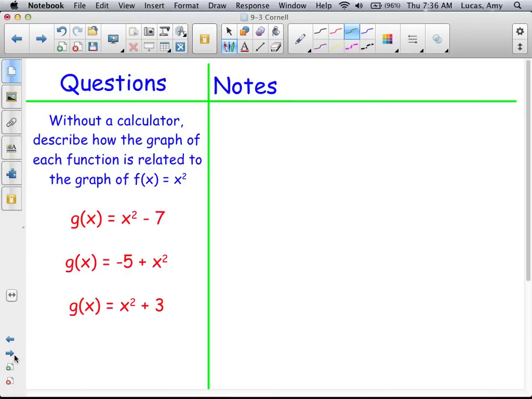Now, we'd like you to look at these 3 functions and, without graphing them, be able to describe what's happening. So, what's happening with number 1? If there's a -7 after the x squared, it's a translation, and it is sliding down 7.